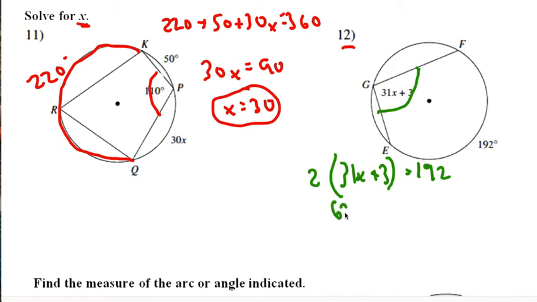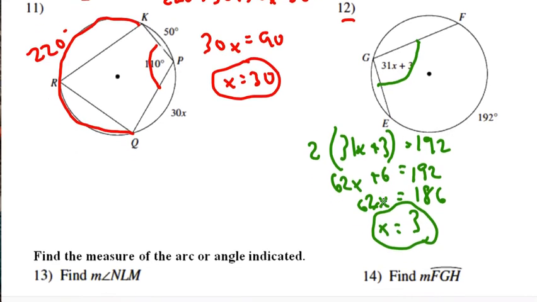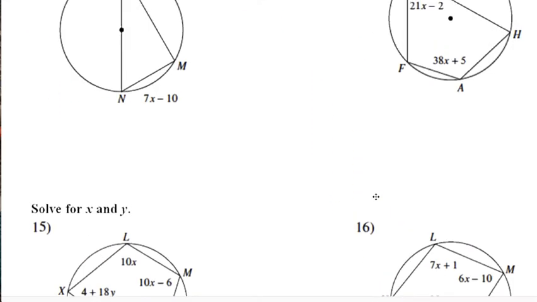So let's call that 62x plus 6 equals 192. Subtract 6. So 62x equals 186. Then we divide by 62, which means x equals 3. So we're just using this as an excuse to set up an equation that we can then solve. We've done this stuff before.